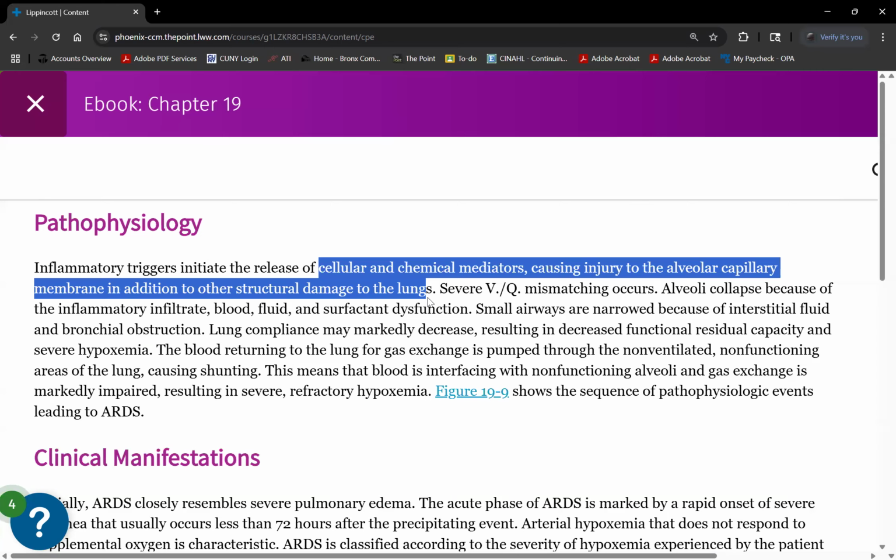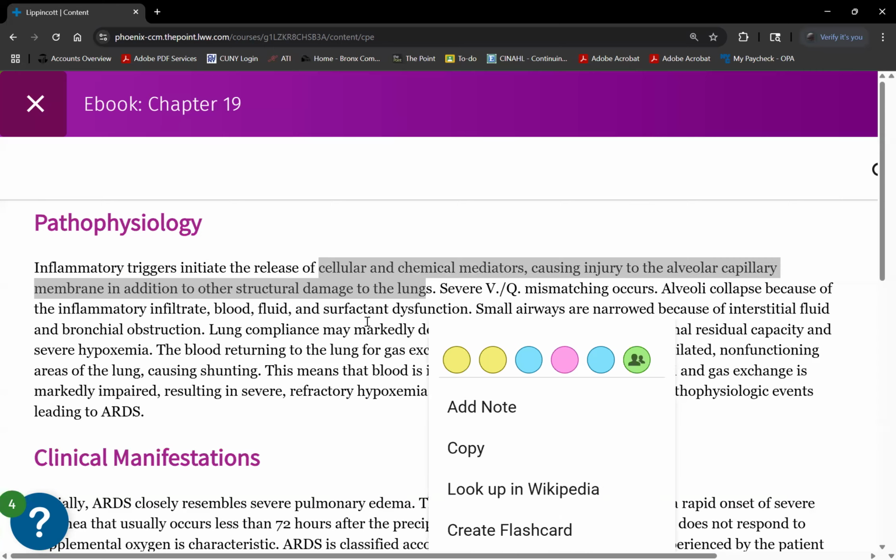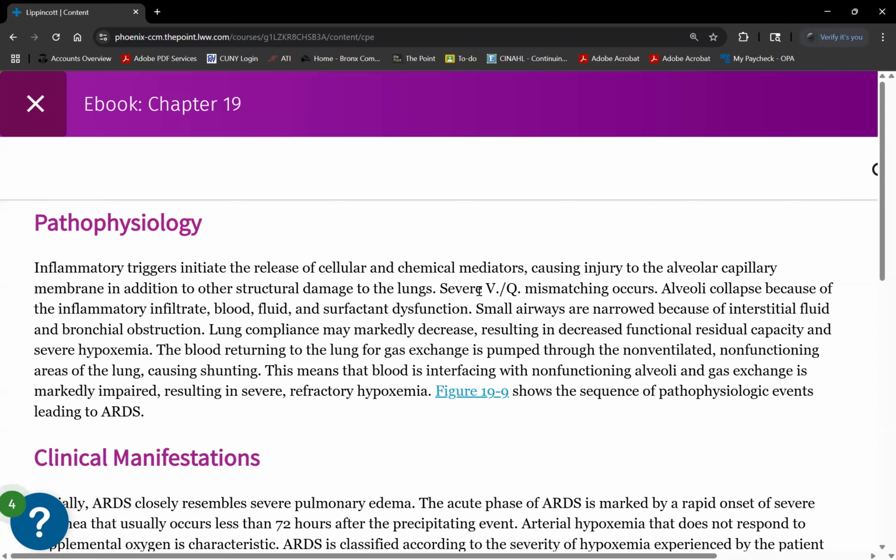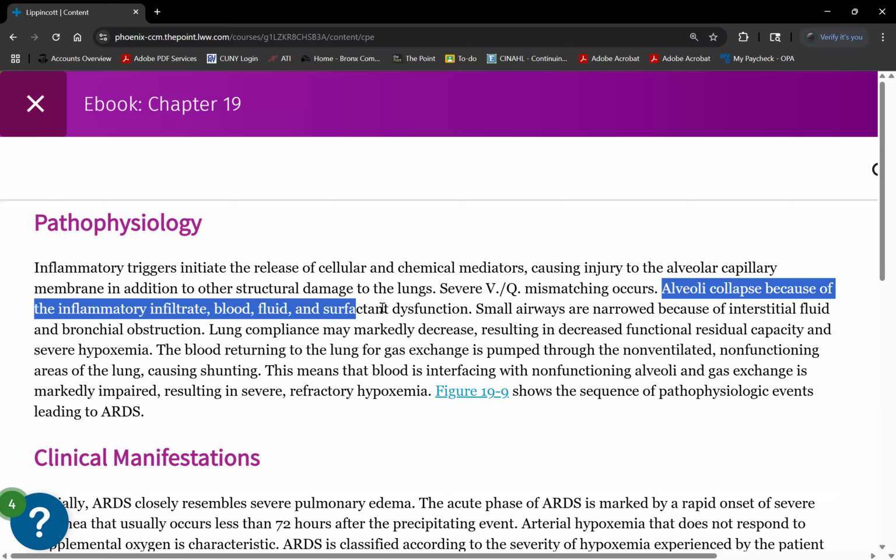And because of the infiltration of these inflammatory triggers, alveoli collapse because of inflammatory infiltrate. Blood, fluid, and surfactant will be leaking.